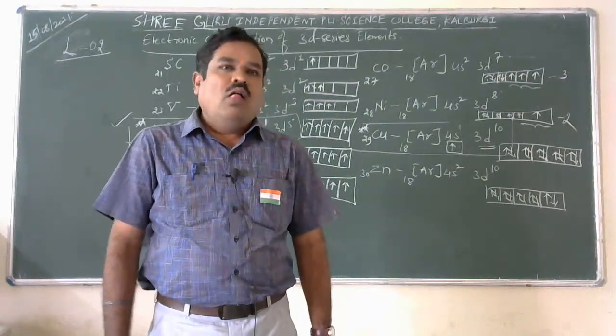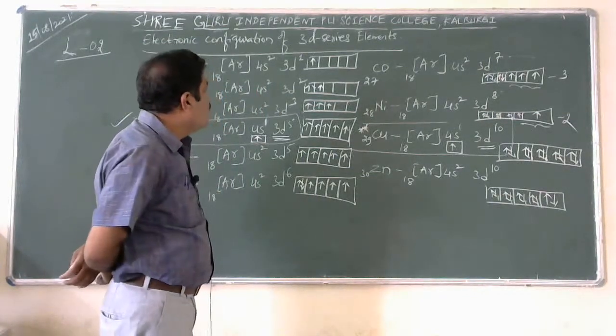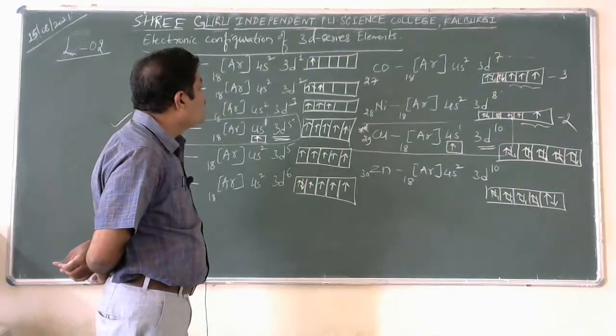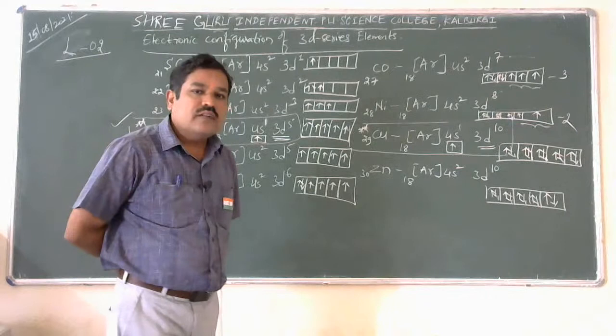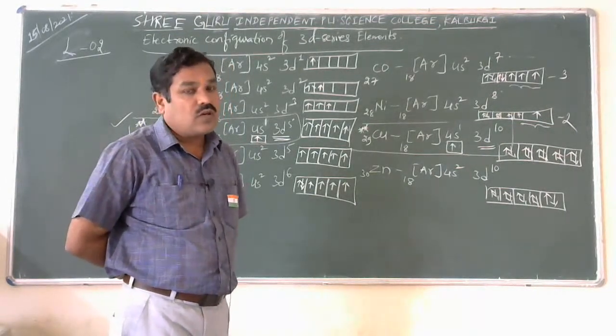After understanding the outer electronic configuration of the 3d series, you should compulsorily know the electronic configuration of each element from scandium to zinc, that is, atomic number 21 to 30.